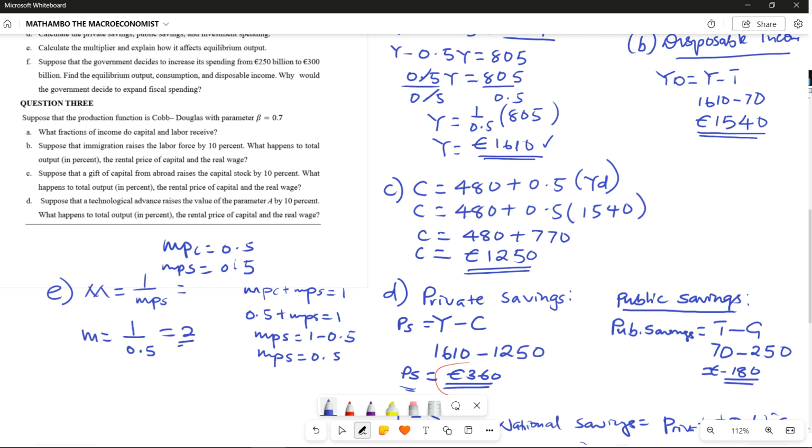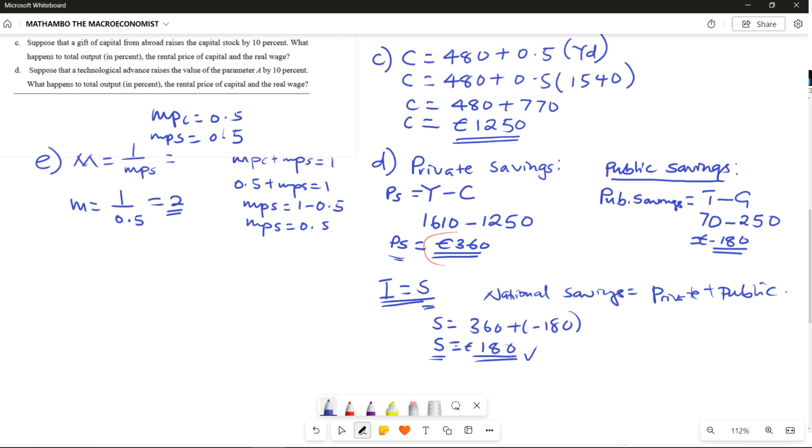So our multiplier is 2, but the question is saying find the multiplier and explain how it affects the equilibrium. Primarily, if there is a unit change in any of the variables that affects output, then the impact of this change on equilibrium output will be twice the effect of that change.